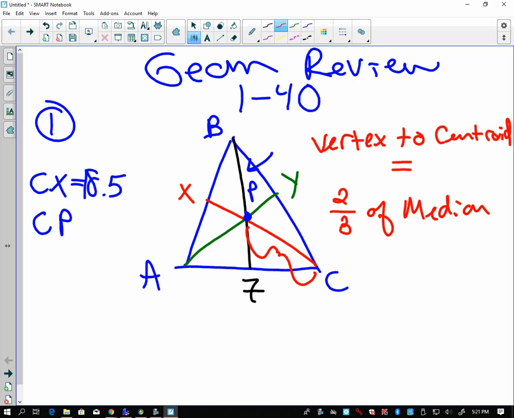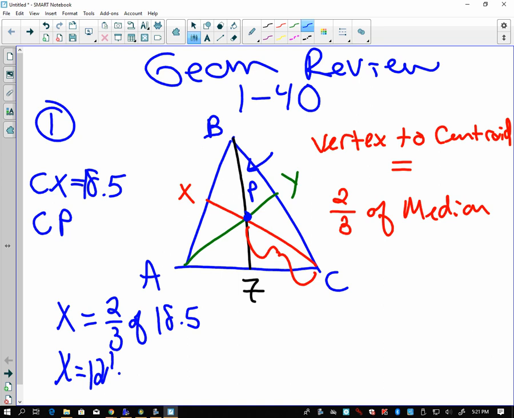So if I know the whole length is 18.5, CP, we'll call it X here, is 2/3 of 18.5. In math, of means multiply, so we take 18.5 times 2 divided by 3. In our case, we get X equals 12 1/3, or 12.3 repeating.